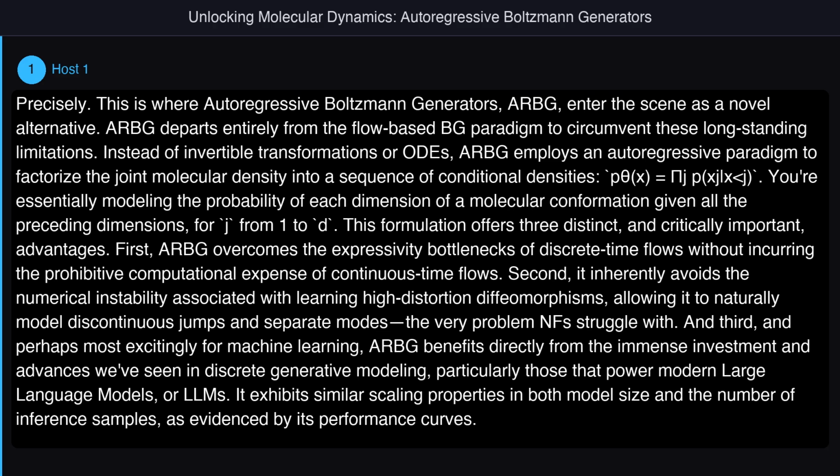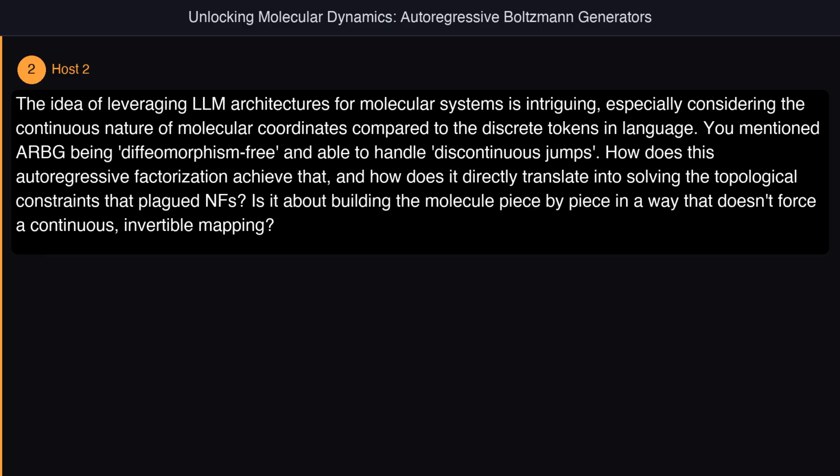And third, and perhaps most excitingly for machine learning, ARBG benefits directly from the immense investment and advances we've seen in discrete generative modeling, particularly those that power modern large language models, or LLMs. It exhibits similar scaling properties in both model size and the number of inference samples, as evidenced by its performance curves. The idea of leveraging LLM architectures for molecular systems is intriguing, especially considering the continuous nature of molecular coordinates compared to the discrete tokens in language.